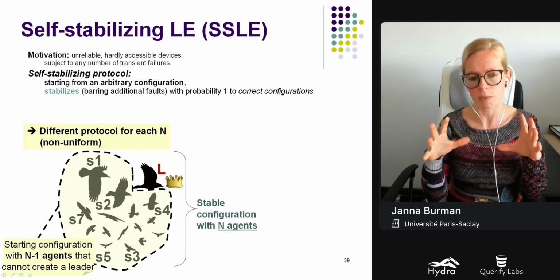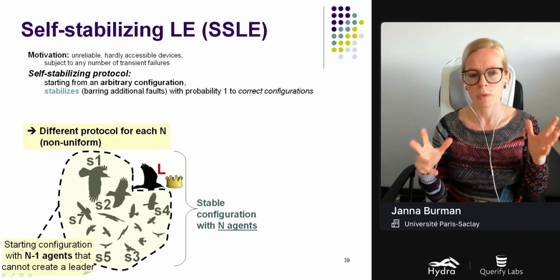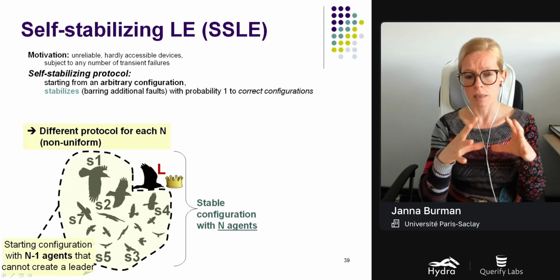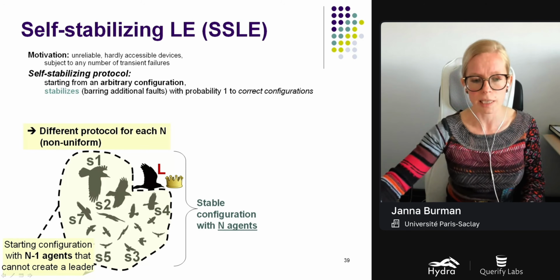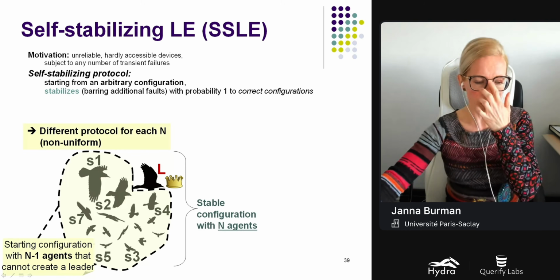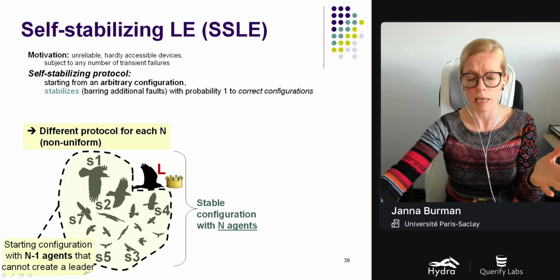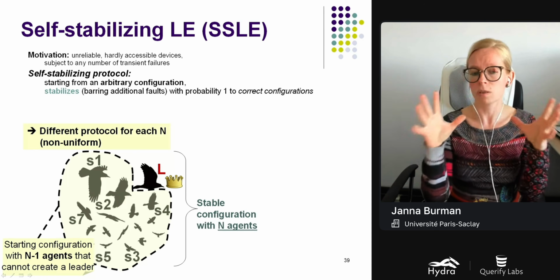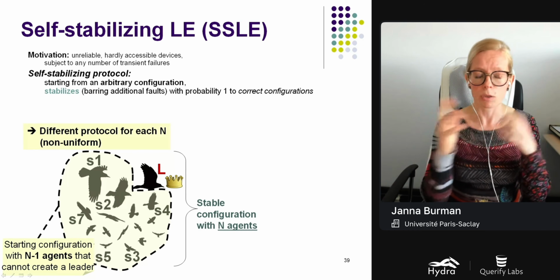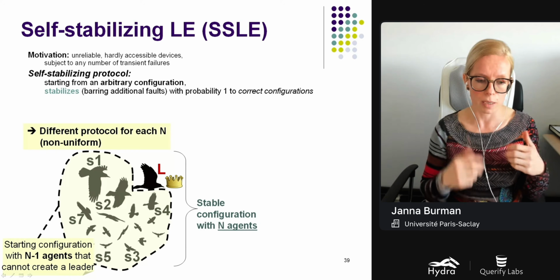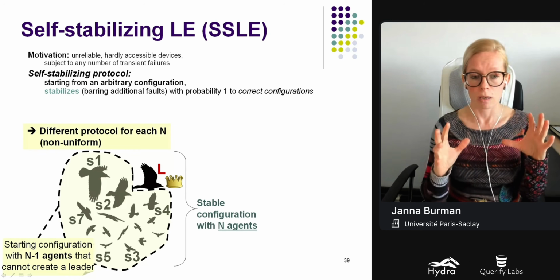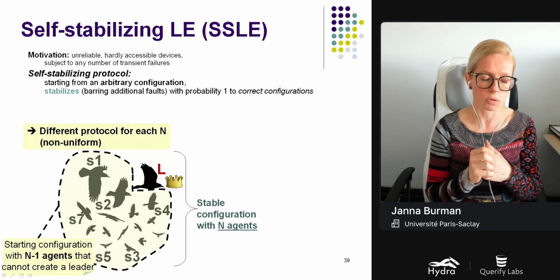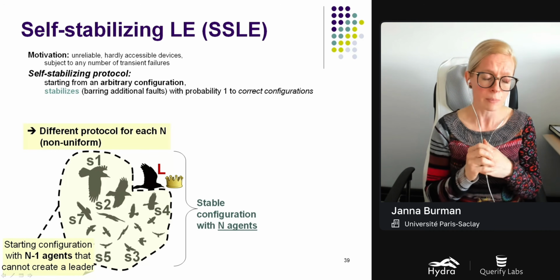Stable meaning we already assume we have a correct self-stabilizing leader election protocol. We obtain this configuration with a unique leader. You have this leader here, and we have n agents. Now focus: we have this correct protocol, and I try to show you by contradiction that agents have to know the value of n.